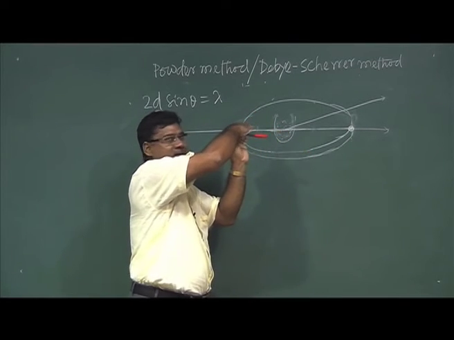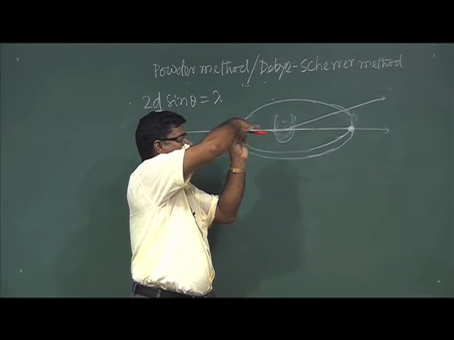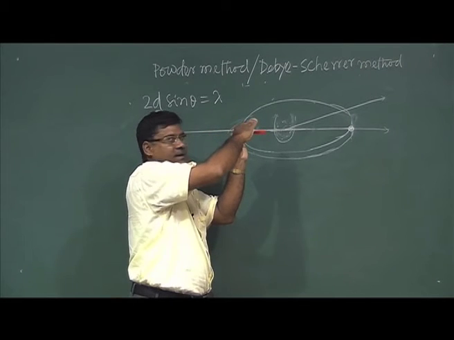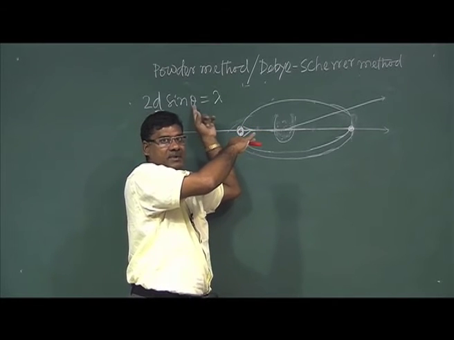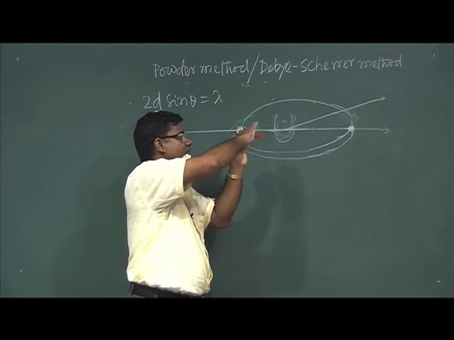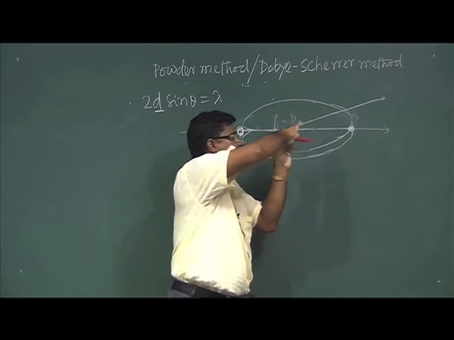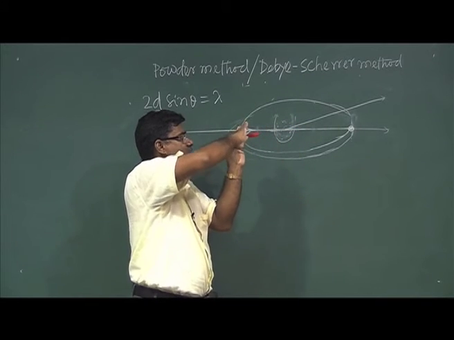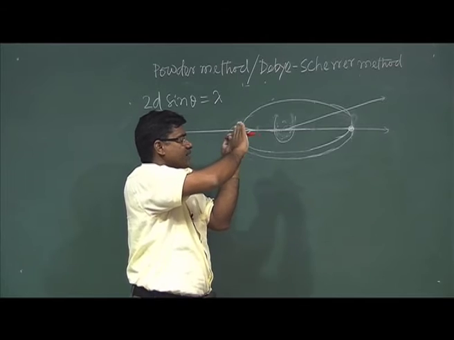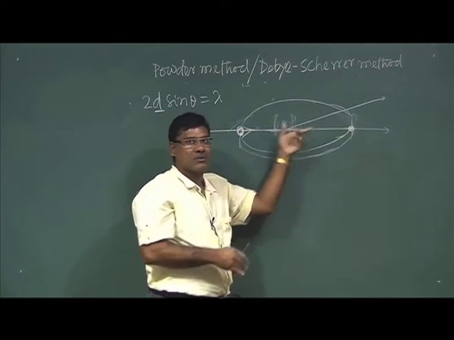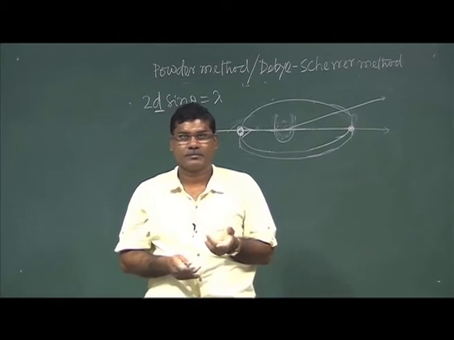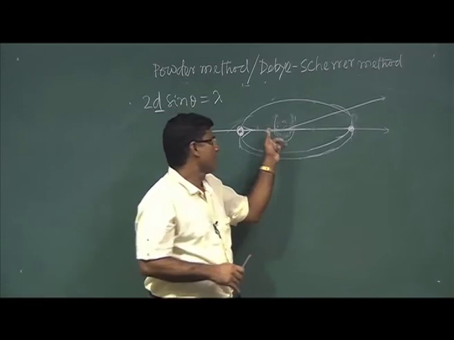Now, these planes have all sorts of orientation, right. Keeping this angle theta, I will have different orientations of these planes, so basically that forms a cone.